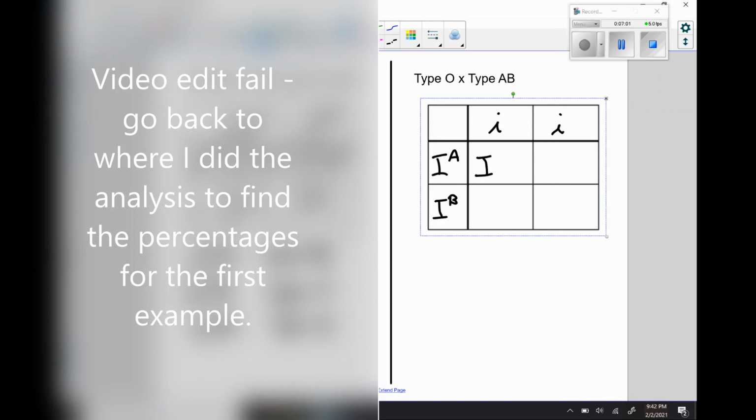So by now we're very used to doing our Punnett squares of getting the allele from that row and column. And these offspring, 50% have type A blood, and 50% have type B.